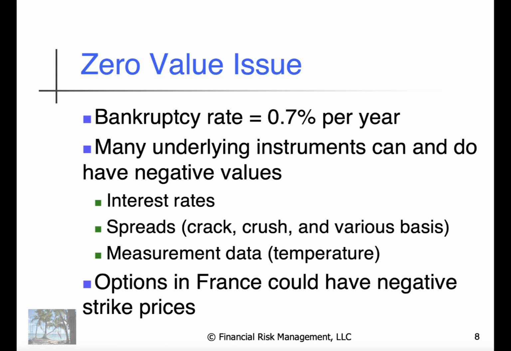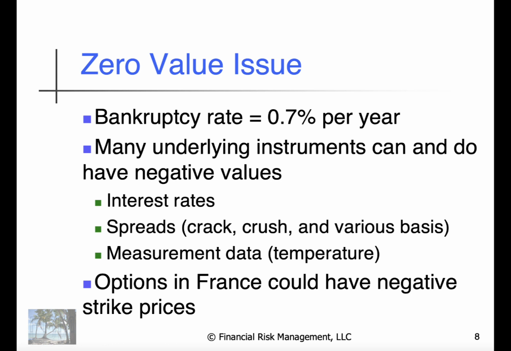Interest rates go negative. Many spreads, such as the crack spread, the spread between refined petroleum products and the underlying crude oil, and the crush spread, soybeans versus meal and oil, and various other bases can often go negative.